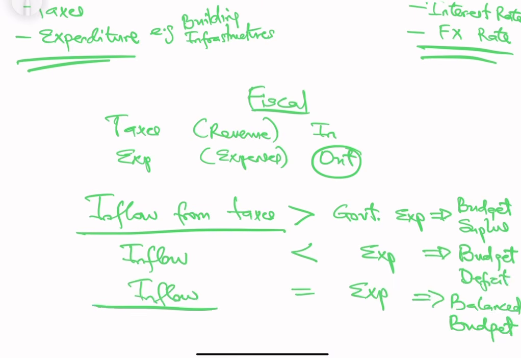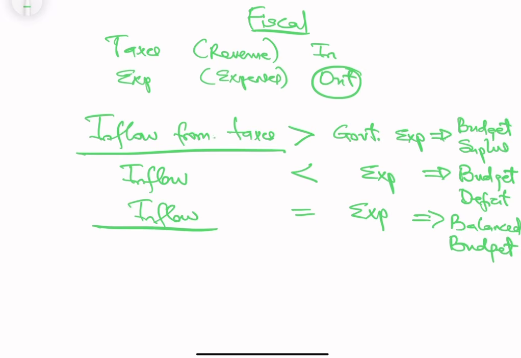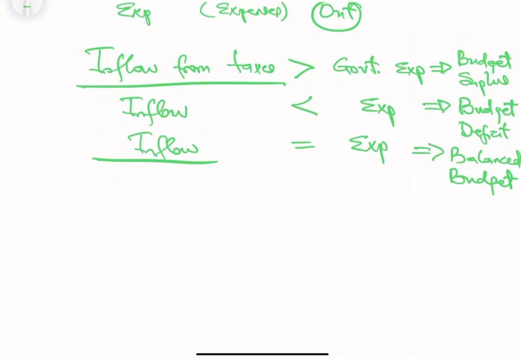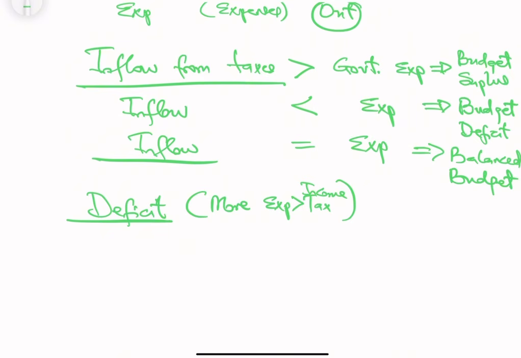And if that expenditure is even more than what we are taking away from people through taxes, it means that the net impact, let's take for instance a deficit, which means more expenditure than tax income. So we are giving to the economy more than we are taking away from the economy.